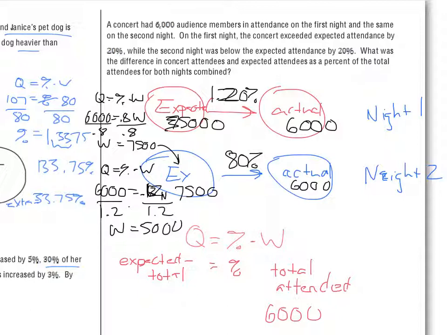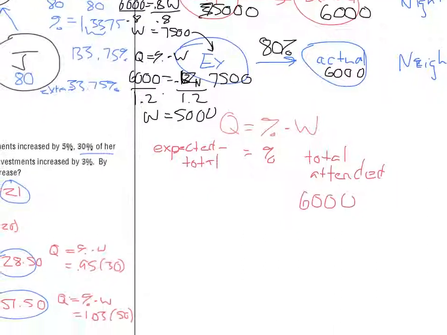All right, so they expected a total of 7,000 plus 5,000, so they expected 12,500. And what actually happened was that we had the 6,000 plus 6,000, that is 12,000. And we're trying to find that as a percentage of the total attendance, which was 12,000.